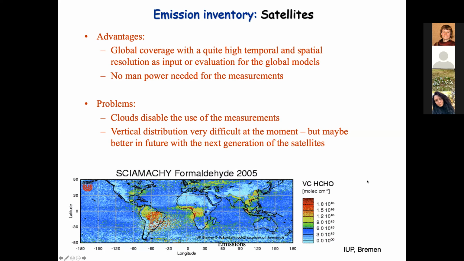I think the satellites are getting better. However, if they could really provide us modelers with vertical distribution of terpenes, I'm not sure when this comes. It may come sometime, but I'm not sure when. But it would be great. But we need these emissions from these concentrations from the forests.